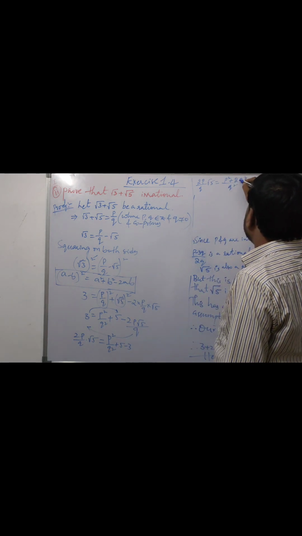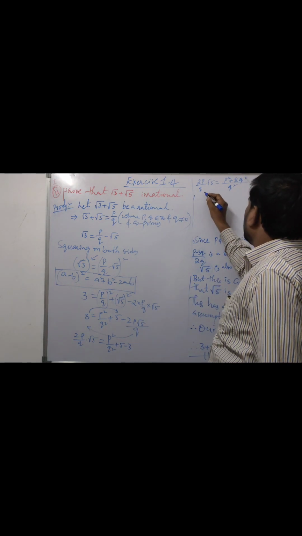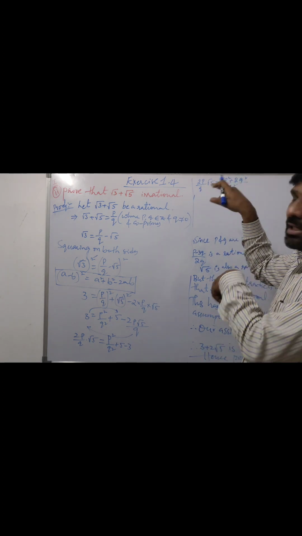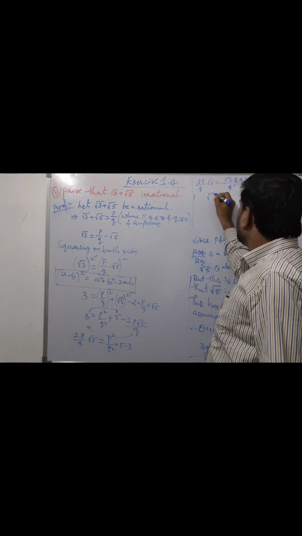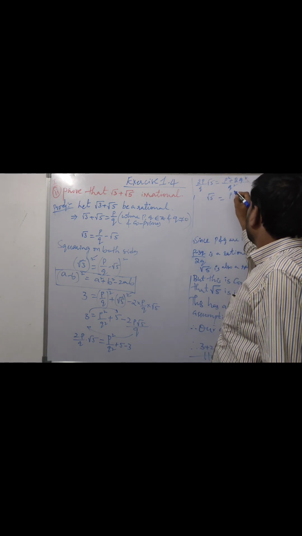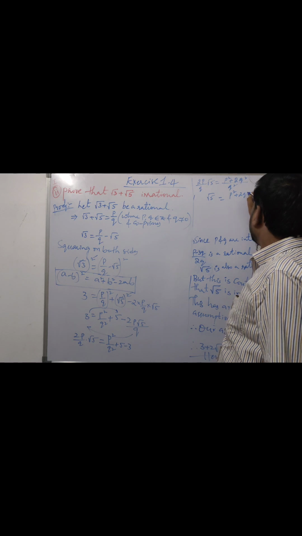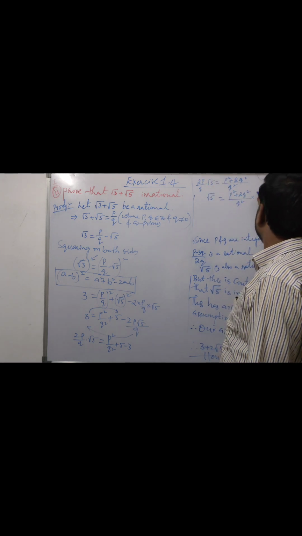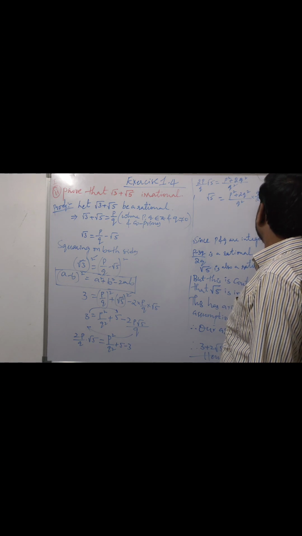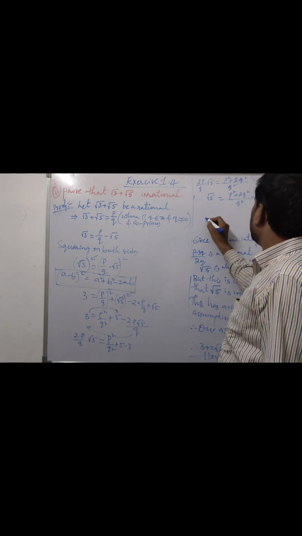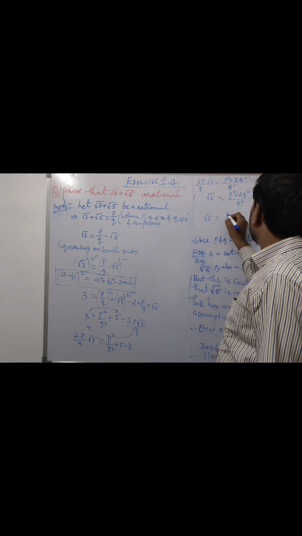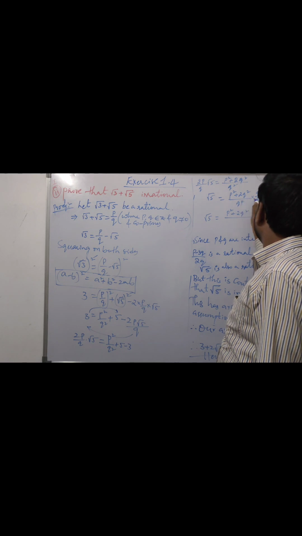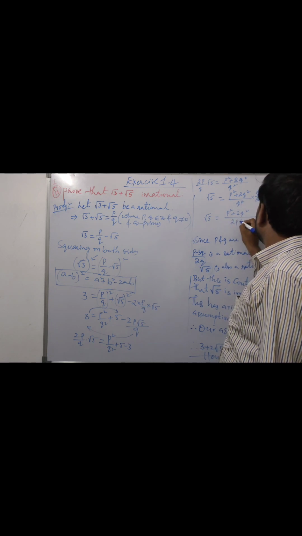Now 2p by q is multiplying, so if you send it to the RHS, it will be reversed and divide. Doing cross multiplication, p square plus 2q square divided by q square. If you bring this 2p by q to the other side, it becomes q by 2p, and this q gets cancelled. So root 5 is equal to p square plus 2q square divided by 2pq. Right?